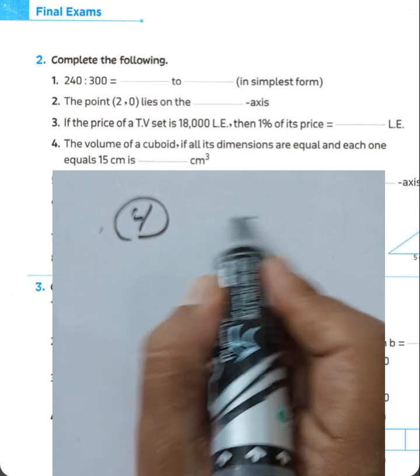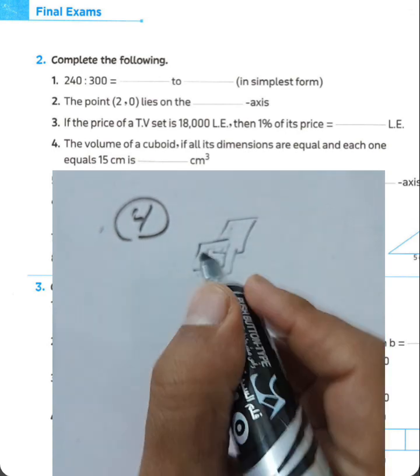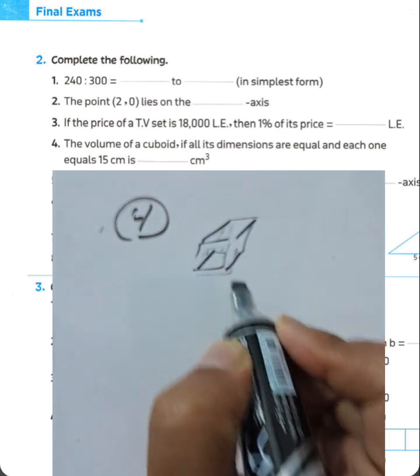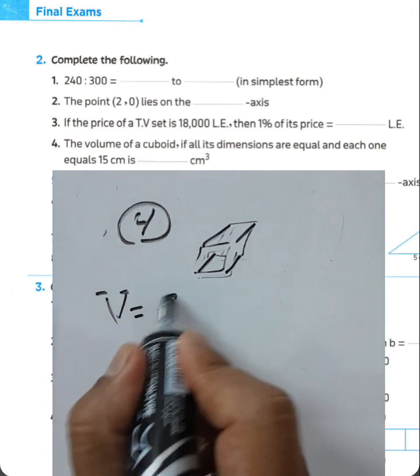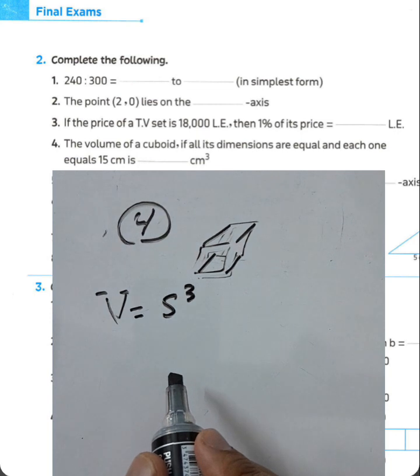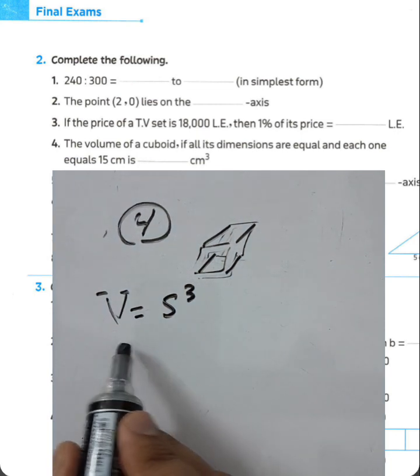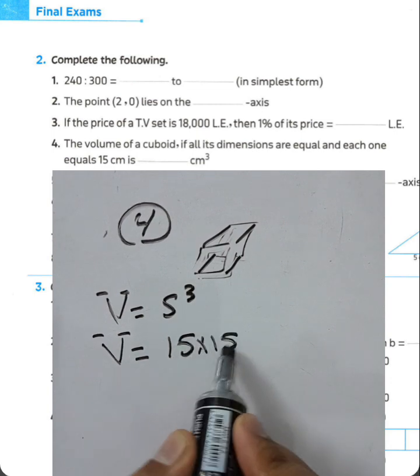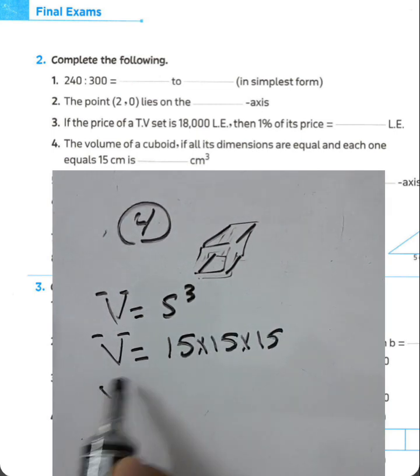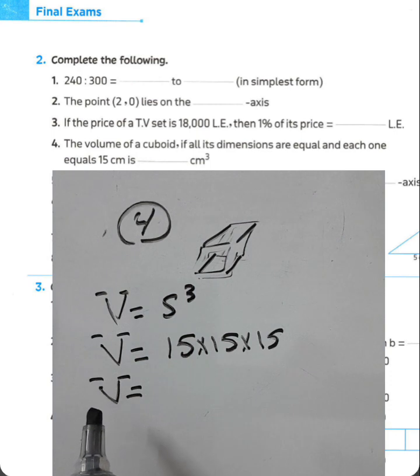Then the cuboid converts to a cube because all sides are equal lengths. Then the volume will be s power 3 because all dimensions are equal. We can write the volume equals 15 by 15 by 15. It's the volume of a cube.